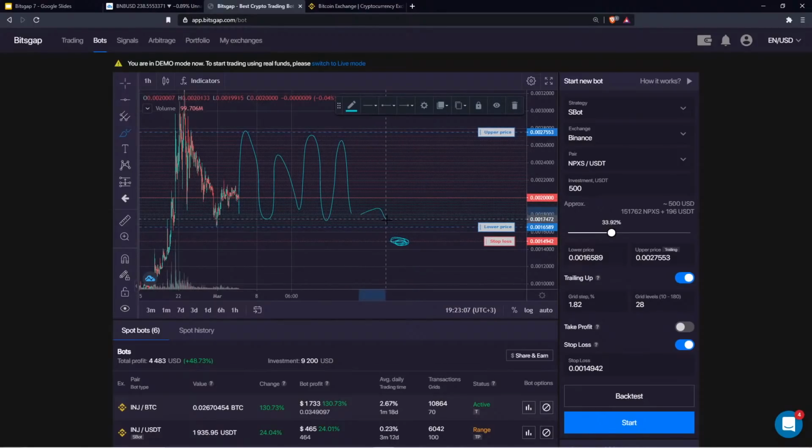If the price breaches the lower price and falls even lower down to the stop loss, this is the point where the bot will sell all of the base currency and close all the trades. So that's the one you have to stick with.